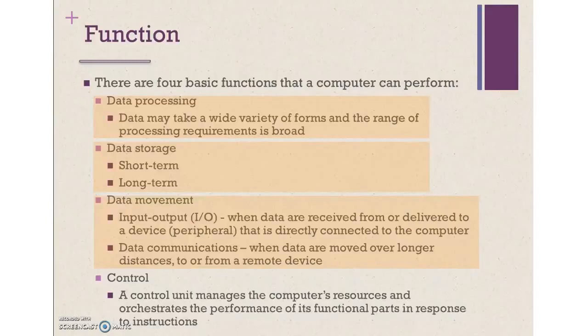When data are received from or delivered to a device that is directly connected to the computer, the process is known as input-output, and the device is referred to as a peripheral. When data are moved over longer distances to or from a remote device, the process is known as data communication.